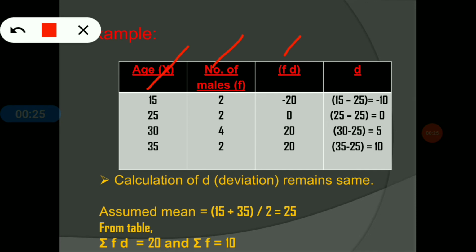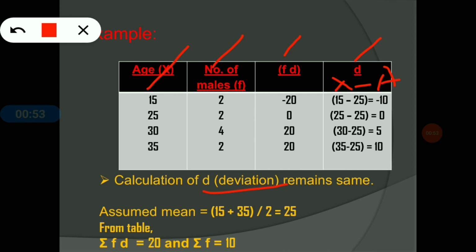The third column indicates the multiplied value of f and d, and the fourth column indicates the deviation. Deviation from what? Deviation from the assumed mean. So, d equals x minus capital A. Clear? We have already explained the calculation process of the assumed mean and of d.